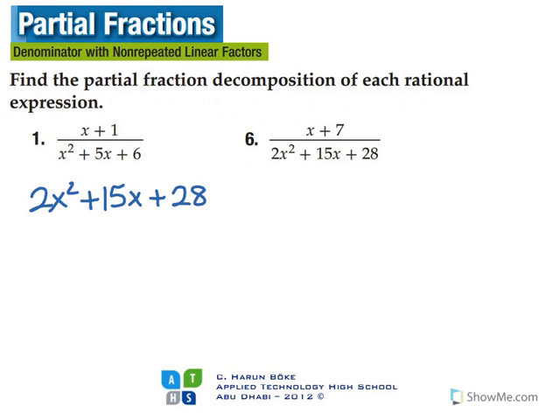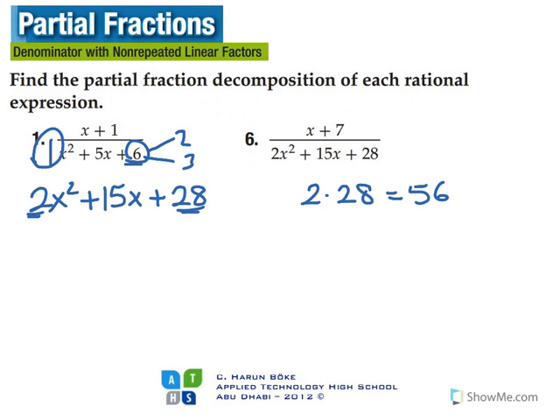The first thing to do is 2 times 28, which is 56. Remember how we factorized 6 as 2 and 3? We did that because we didn't need to multiply the coefficient of x squared with 6. But here the coefficient is 2, and we have to multiply these two to find the number we have to factorize.